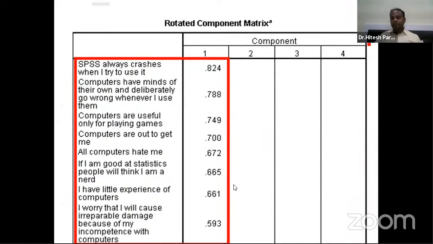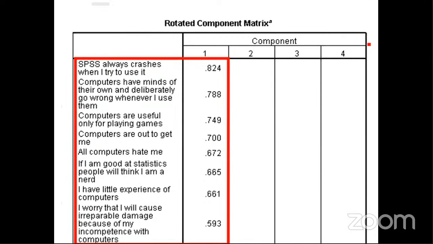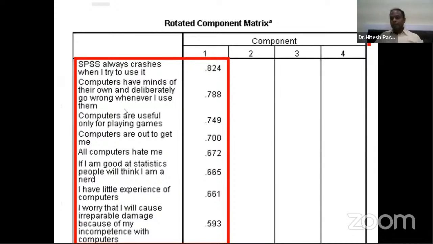Can you suggest a good name for our factor number 1? We need to give the name of the factor. Can you suggest any name?